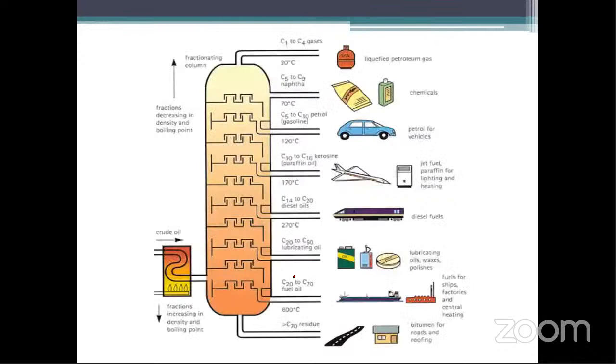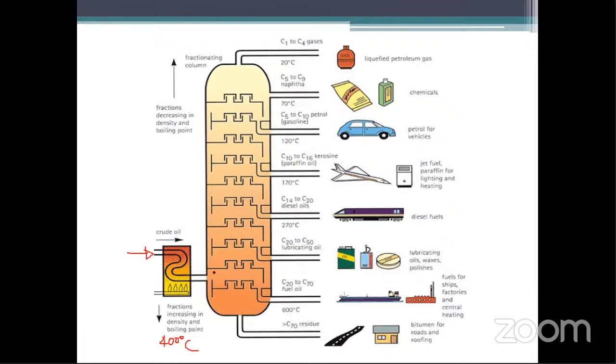And the fractionating tower looks like this. So basically you have the crude oil coming in through this pipe, and they are heating it here to about 400 degrees Celsius. And then it enters this fractionating column.